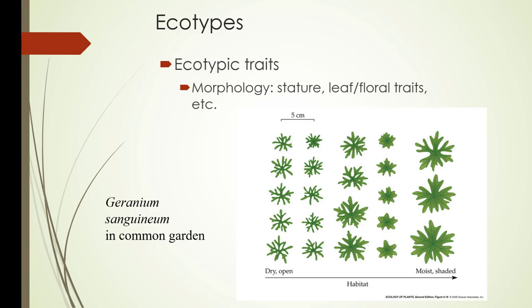So ecotypic traits include morphology, which is just the way plants look, and that's stature, leaf, floral traits, etc. And this is Geranium sanguineum in a common garden. You can see the traits in a dry open space, the leaves are quite a bit sparser, and on the right, moist shaded, plenty of surface area.